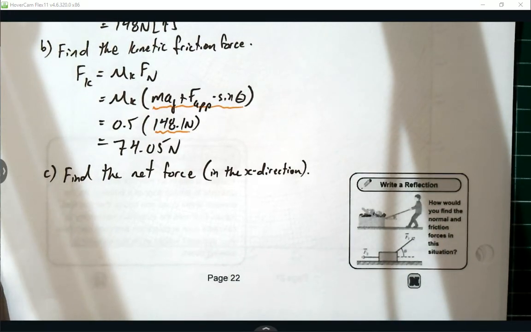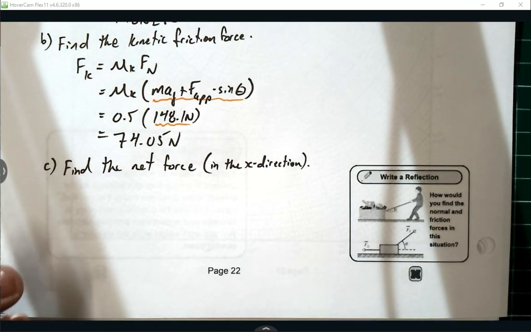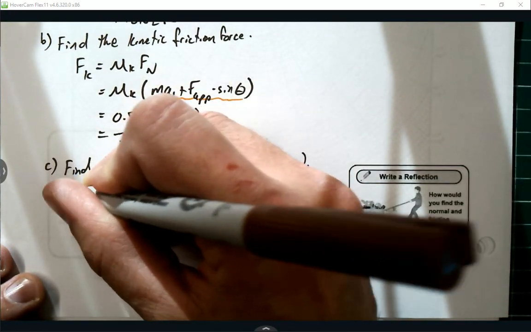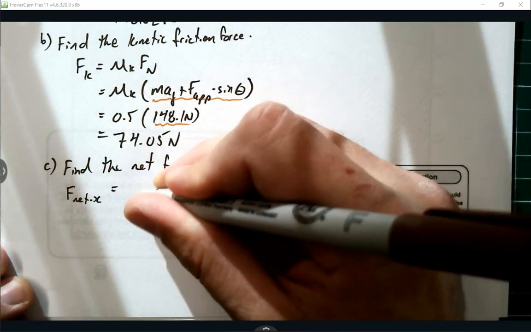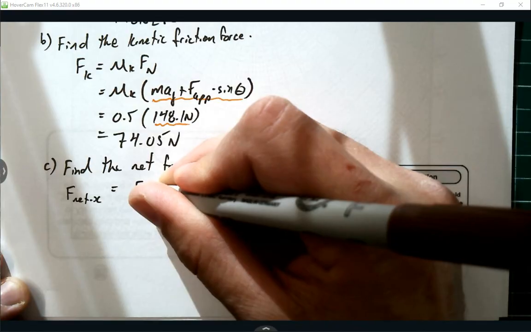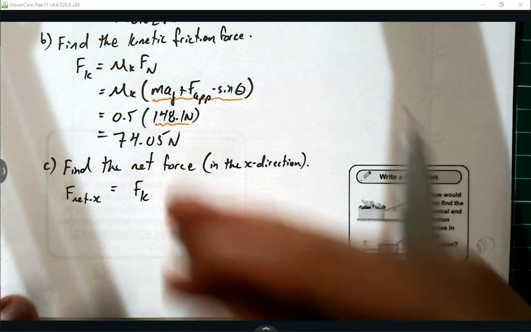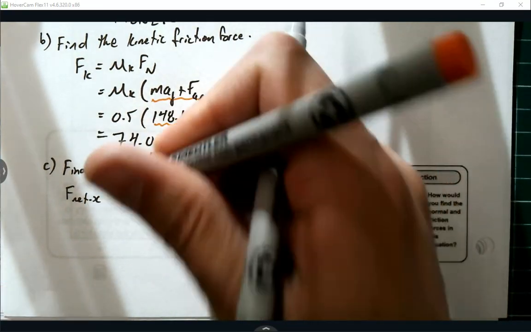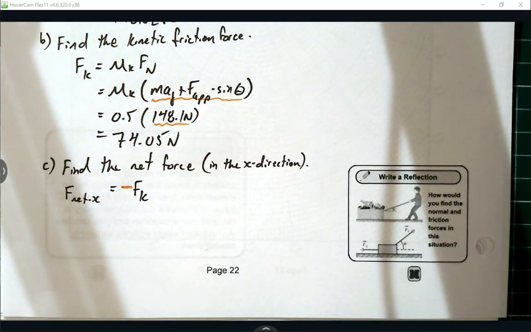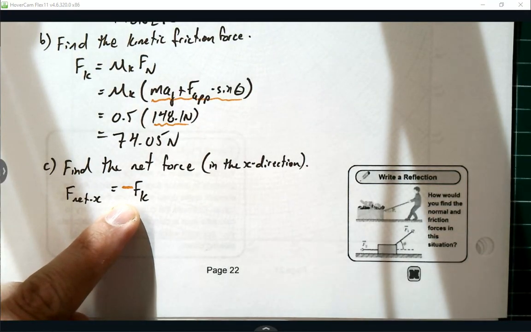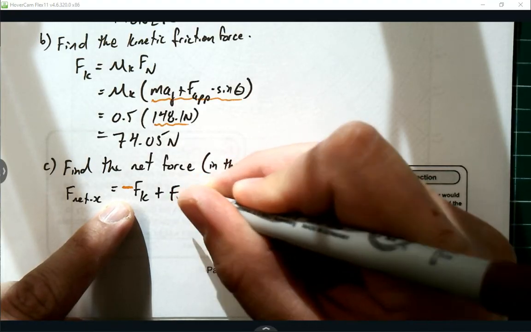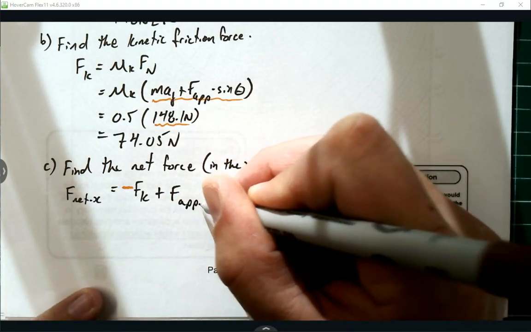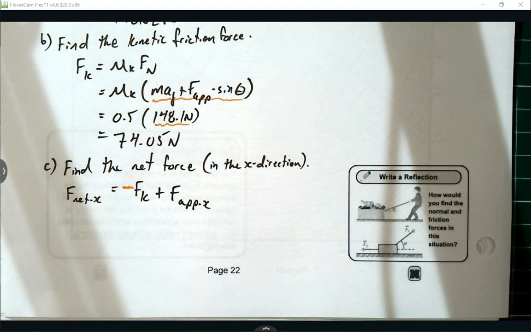But find the net force in the x direction. F net x is written as, well, we could write it as force due to kinetic friction. I'm going to throw in an orange negative sign because we know by reference frame it's working against us. And so I'm going to add in my reference frame negative sign now, plus F applied x, because that's the same style I was doing the previous parts of the question in. So I'm going to have consistent style.